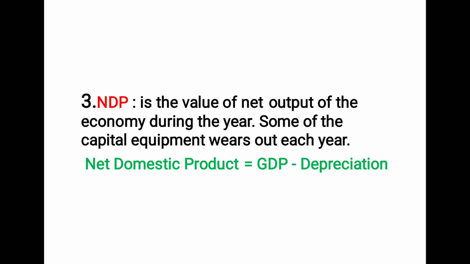Next one is NDP. What does NDP stand for? N stands for net, D stands for domestic, P stands for product. What is meant by NDP? It's nothing but the value of the net output of an economy during the year. Some of the capital equipment wears and tears out. For example, we have bought a machine. The machine may run around 5 to 6 years properly.